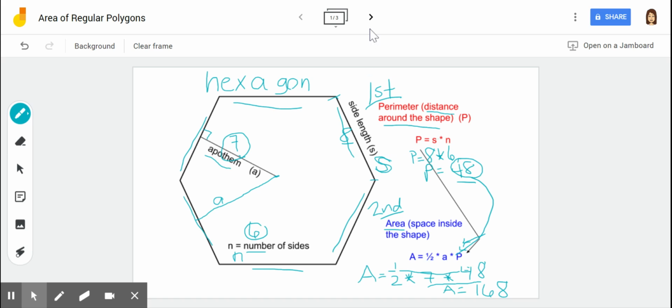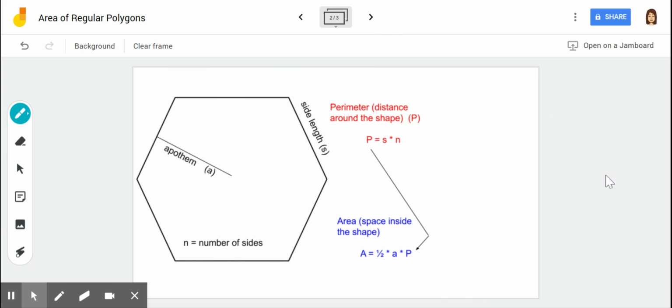Let's look at a second example. Here I have another hexagon. So remember, first, we'll calculate our perimeter, and then we will use our perimeter to calculate our area. In this example, my apothem is 10.7 and my side length is 12.4.